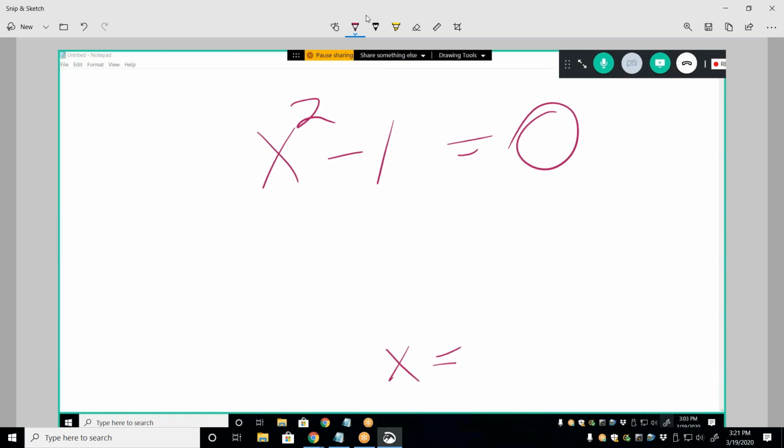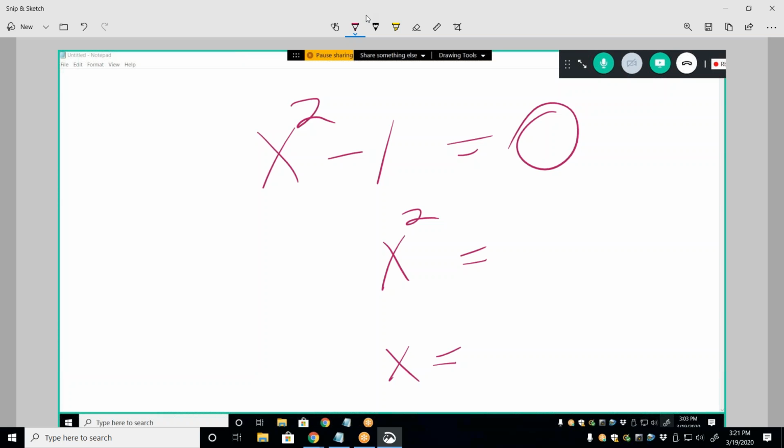X squared. Yeah, we're getting rid of the minus 1. How am I getting rid of it? The square root of it? Well, first of all, I got to get it to the other side. I need the line that I'm trying to write. So x squared equals what?